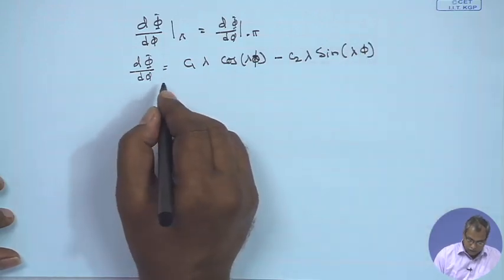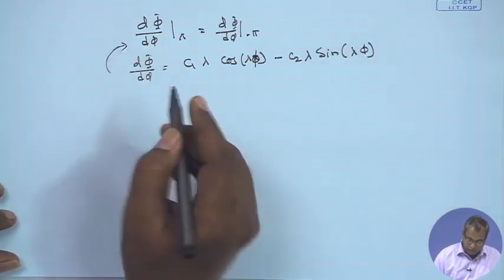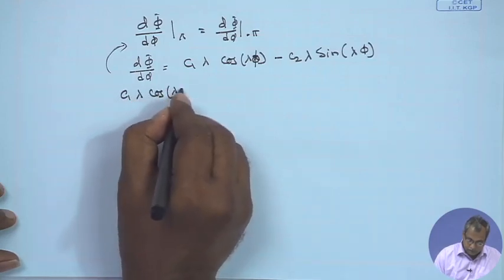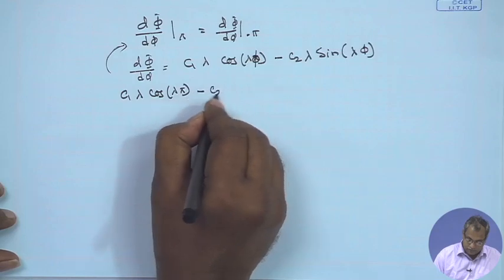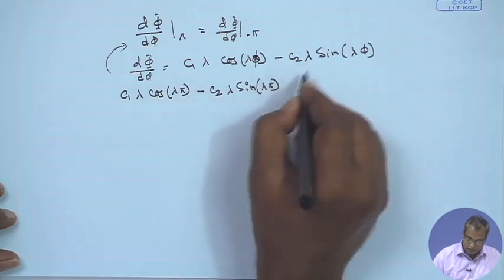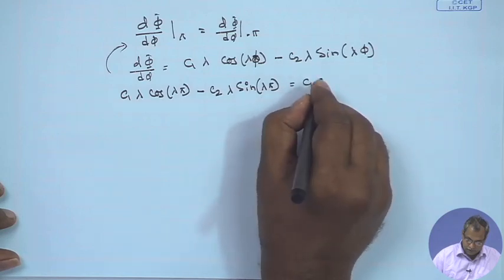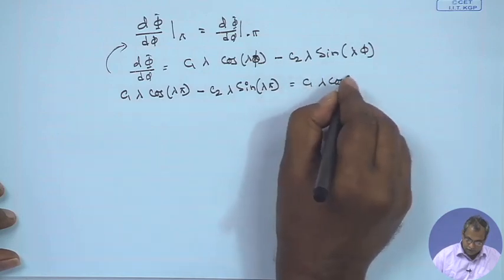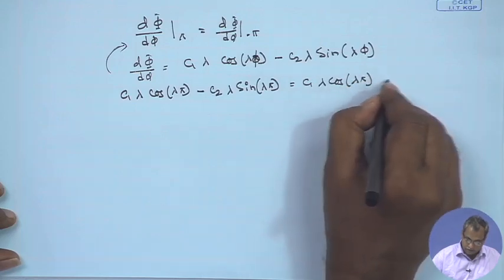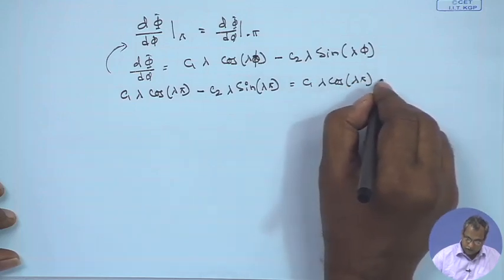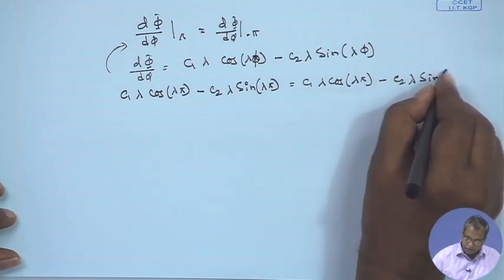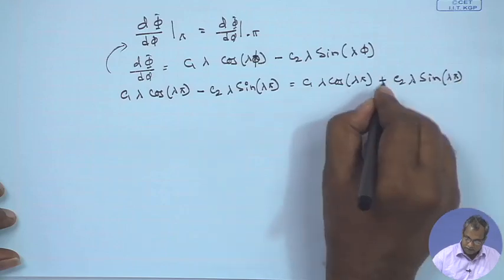Now, if I utilize this boundary condition, this becomes C 1 lambda cosine lambda pi minus C 2 lambda sine lambda pi is equal to C 1 lambda cosine lambda pi, since cosine of minus lambda pi is the same as plus lambda pi, minus C 2 lambda sine of minus lambda pi, which becomes plus lambda pi.